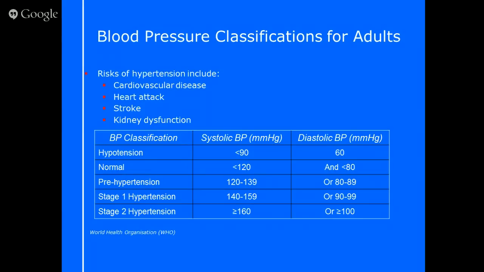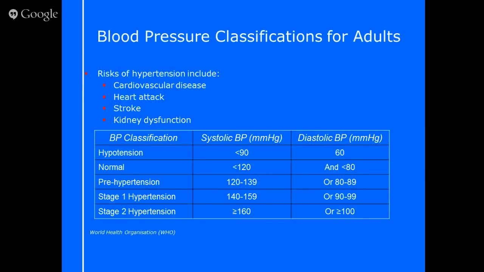They can obviously be lower than that, but if it drops below 90 for systolic and below 60 for diastolic, then at that point we class it as low blood pressure, which is hypotension, and you can see that here on the top of the table. So really we're looking to have an optimal blood pressure of about 120 over 80.